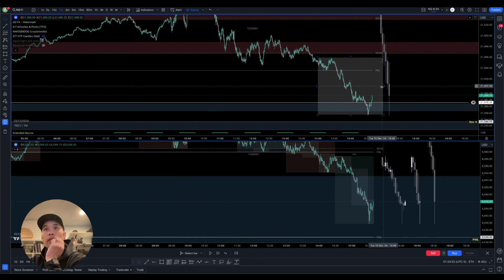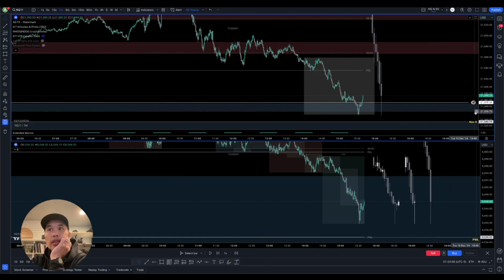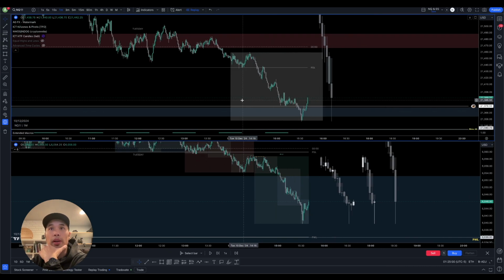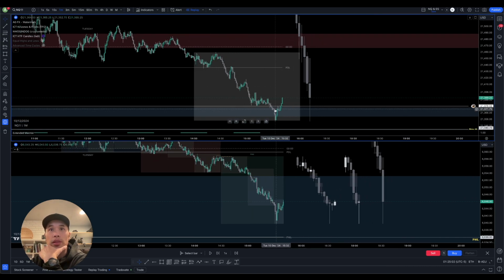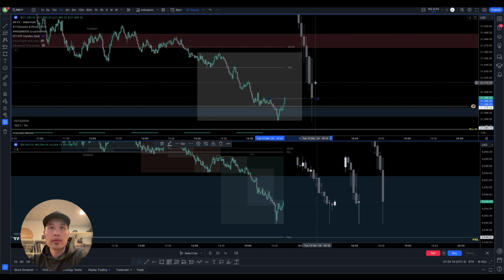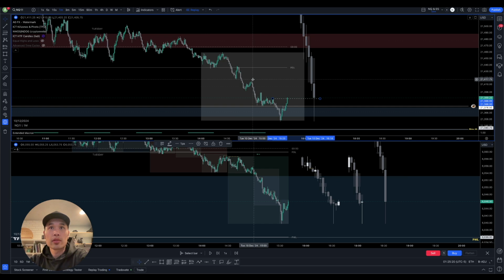So this is the hourly BISI right here, this blue box. That could be your POI, and as soon as we close above here as your breaker, that could be your breaker entry right there, targeting the previous hourly SIBI as your first target.